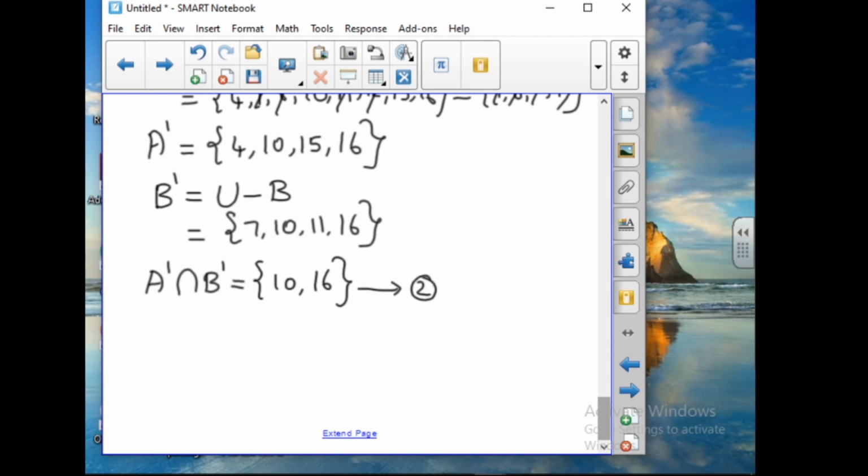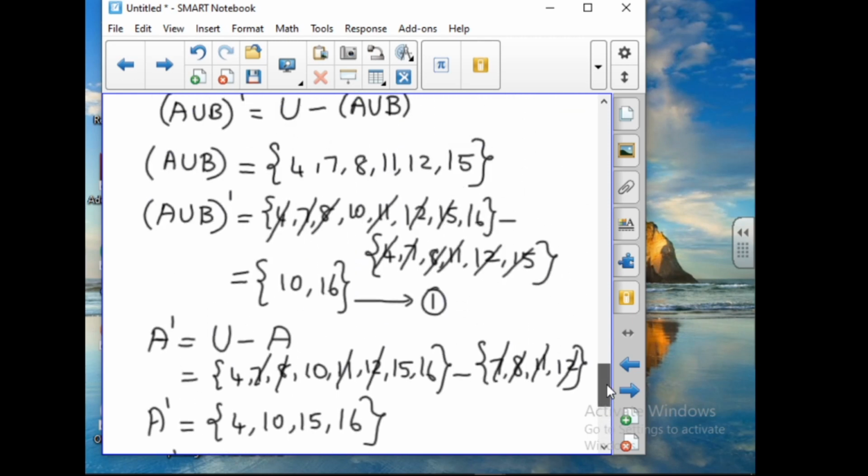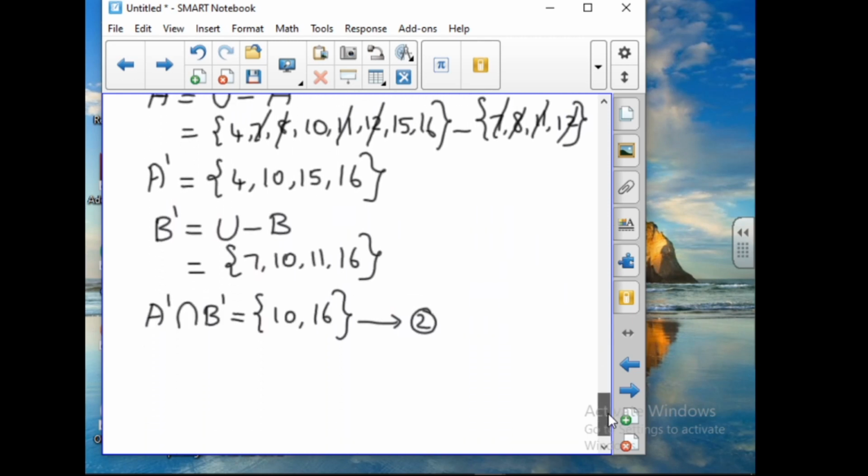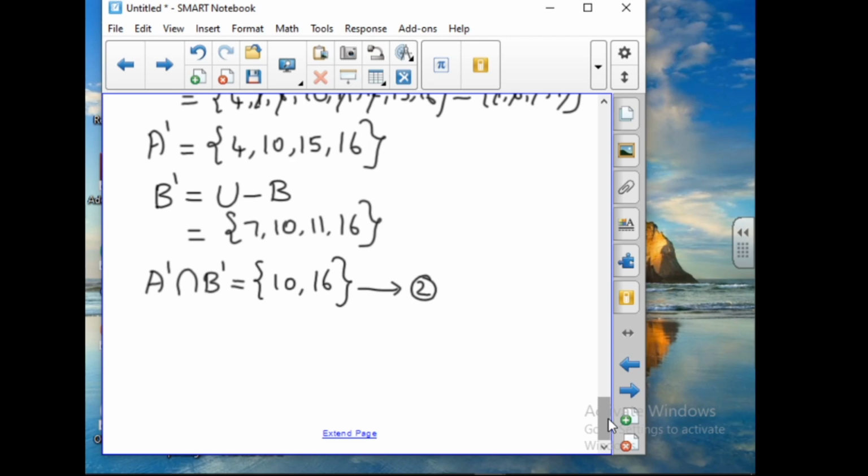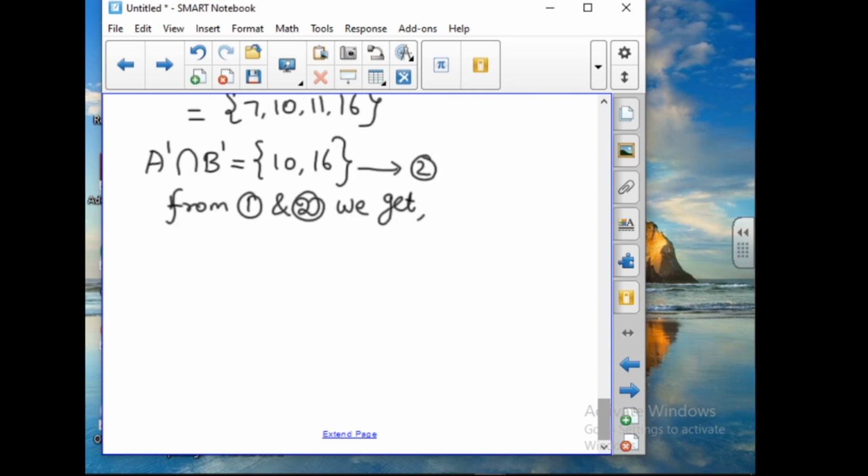So in the first equation also we get the same set of elements 10 and 16, and here also 10 and 16. Okay. So from 1 and 2 we get A union B whole dash is equal to A dash intersection B dash.